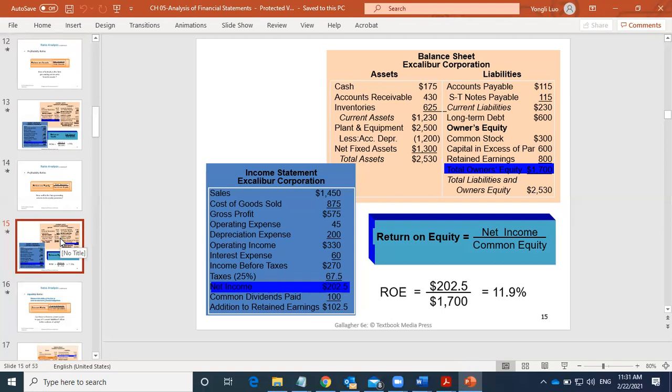It's shareholders' equity, or the total owners' equity. The number here is correct, but you need to understand this part is the total owners' equity. You look at the number, it's still there: the correct one is 1,700. But here they're using common equity. It confuses a lot of students and leads to the wrong solution.